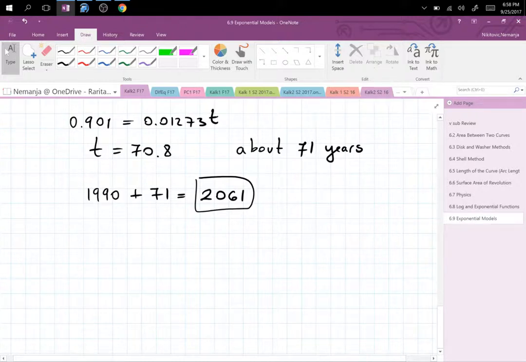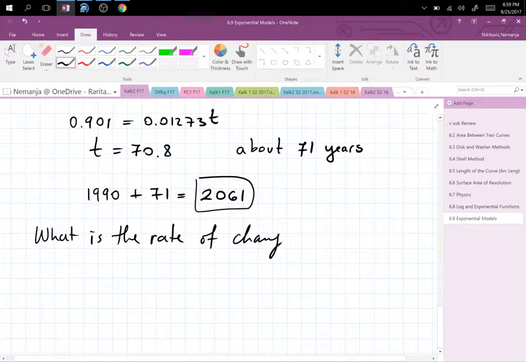I can compute the rate of change of population in, well, we can do it for this year. Let's do it for 2020. So what is the rate of change of population in 2020?